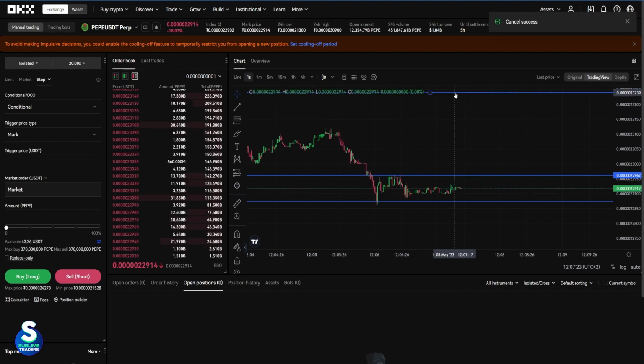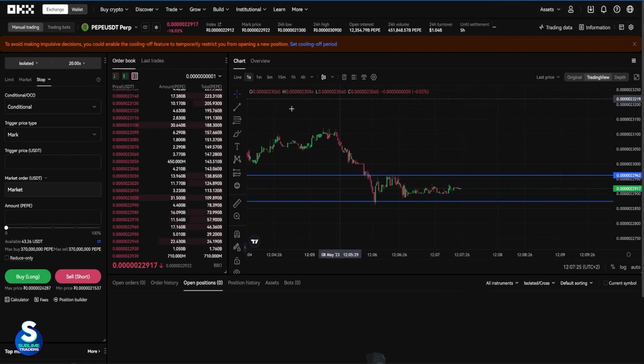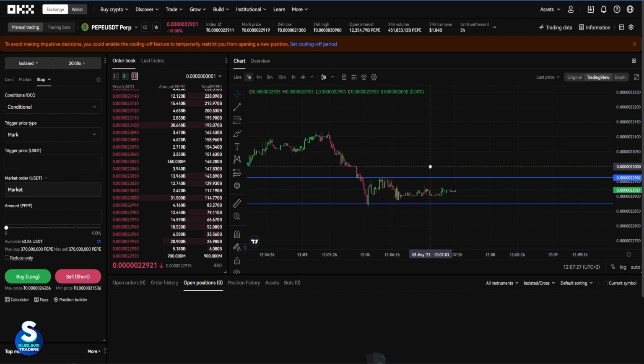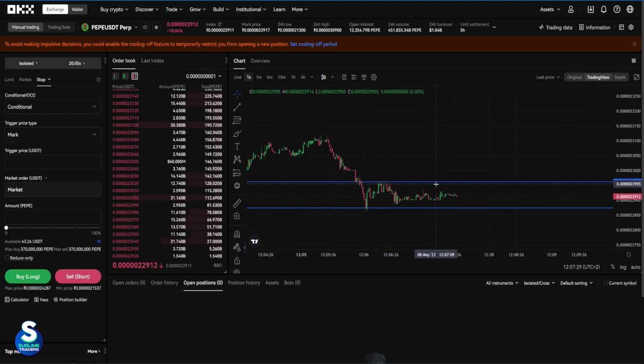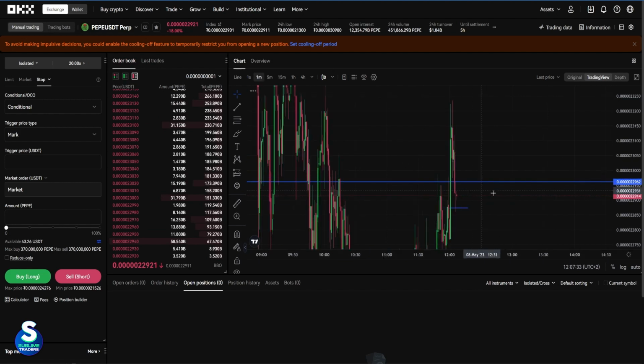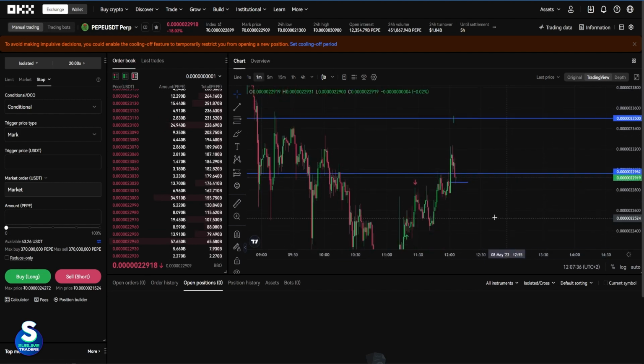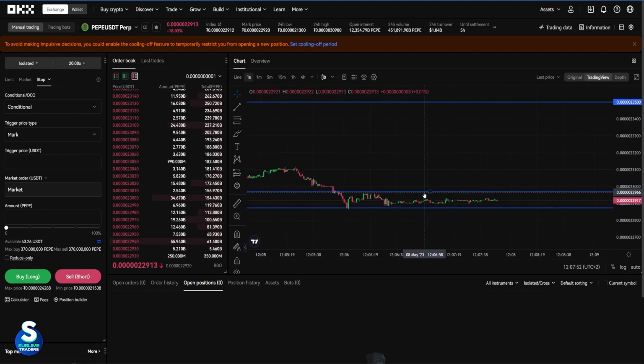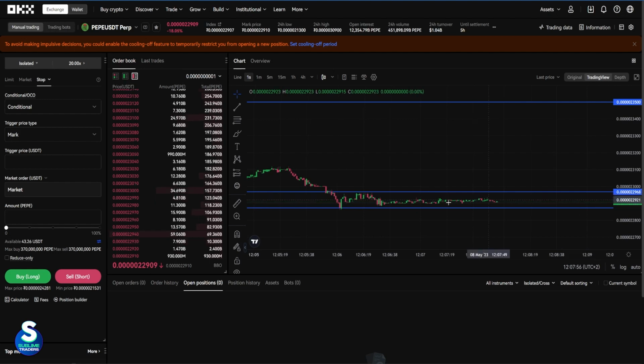So I'm canceling the other order because the price went far from it, and I'm waiting for a reaction on this level right here. On the 1 minute, it seems to have retraced a bit to this order block right here, and I will be setting a new order at this level, 22,968.